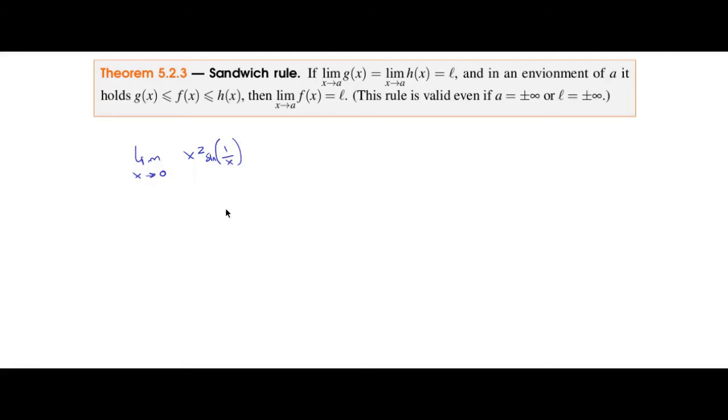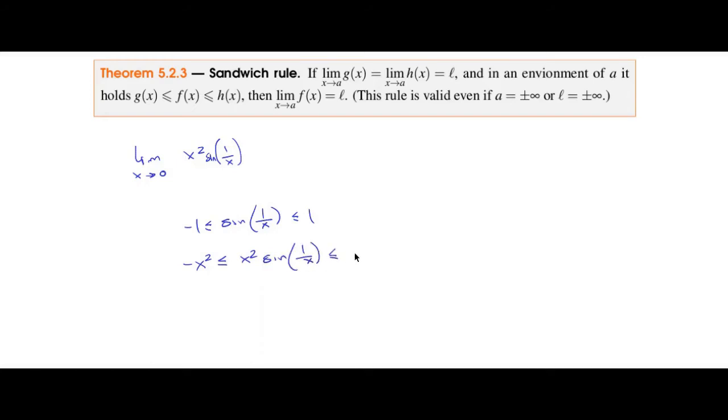It is this function that we've seen in the exercise. It oscillates a lot, and it gets more and more oscillating when you get to 0. But we know that the sine of 1 over x is always going to be bounded between minus 1 and 1. So if we multiply these inequalities by x squared, we have this.